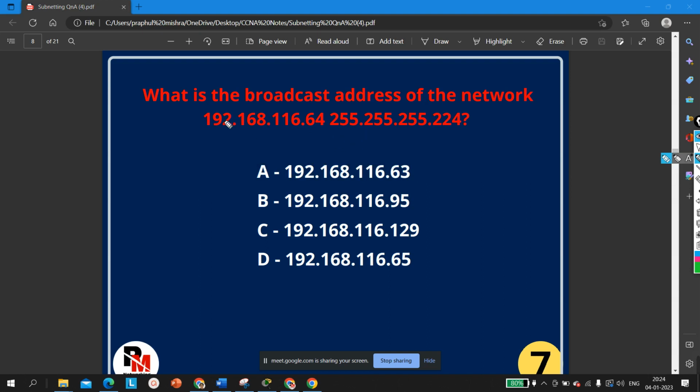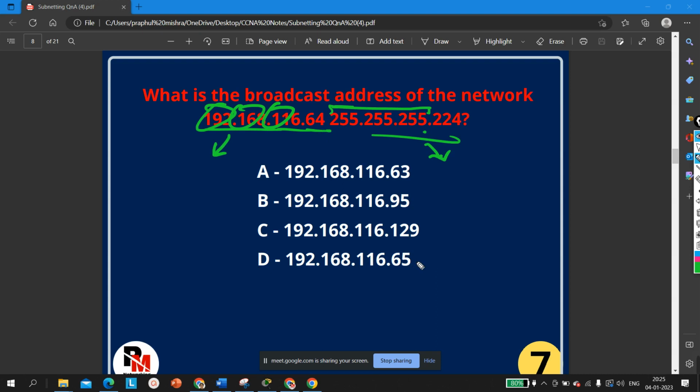First of all, what will be the network ID of this IP address? Are you converting all the values and the subnet mask to binary? No, sir. In the first 3 octets we don't need to convert, because the value will be the same. Sir, I think D is the best answer here.